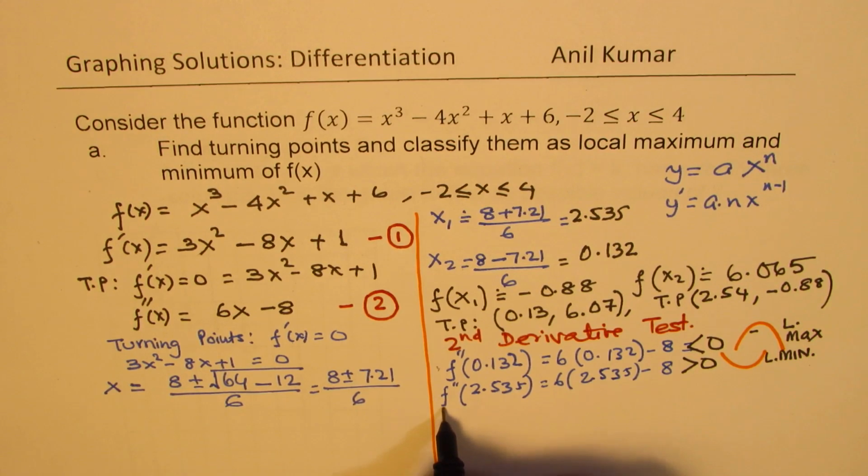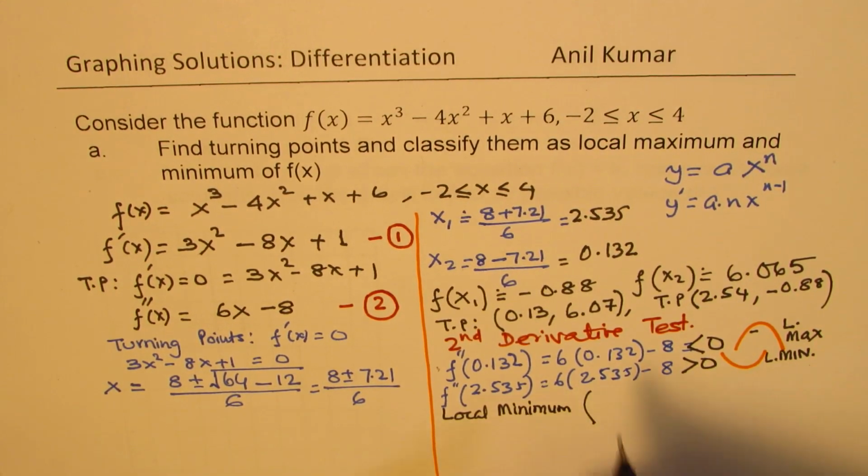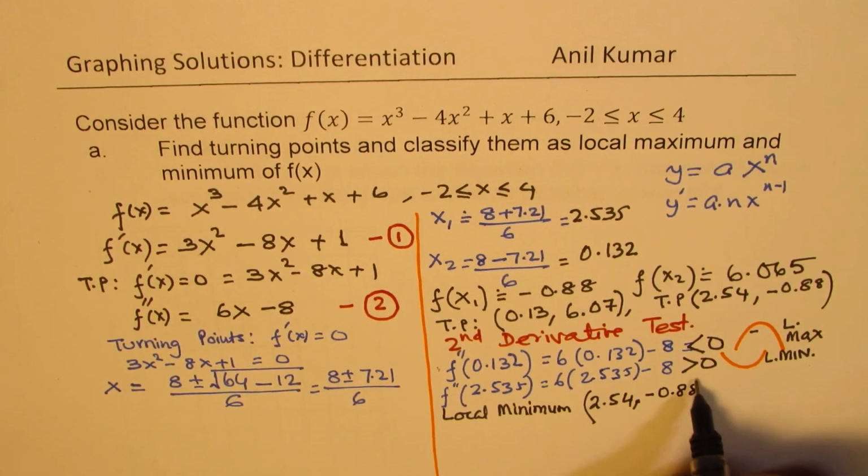So our answer here is that we have a local minimum, and the point of the local minimum is on the right side, which is x equals 2.54. The y value which we calculated was minus 0.88.